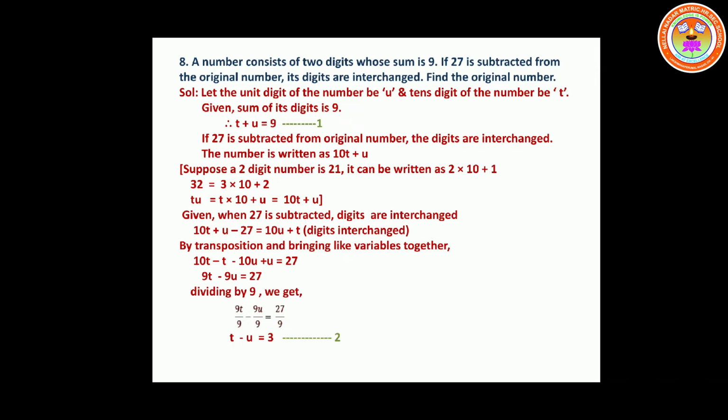So 10t minus t becomes 9t, and minus 10u plus u becomes minus 9u, and this 27 remains the same. Now throughout the equation, 9 is common, so divide by 9 throughout. So 9t by 9 minus 9u by 9 is equal to 27 by 9. Cancelling, it becomes t minus u is equal to 3. That is the second equation.